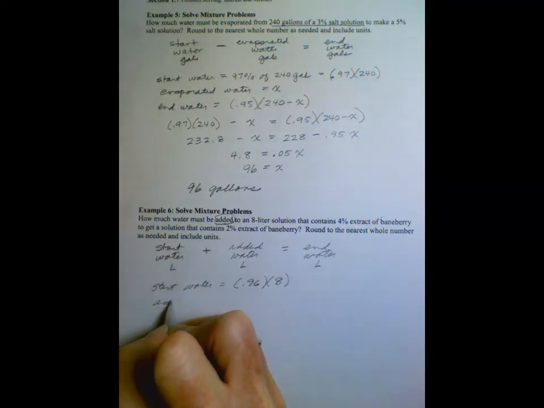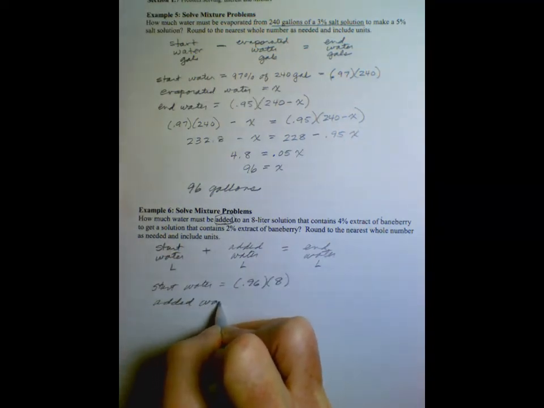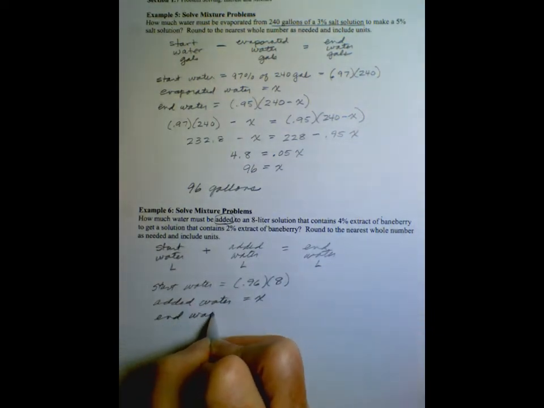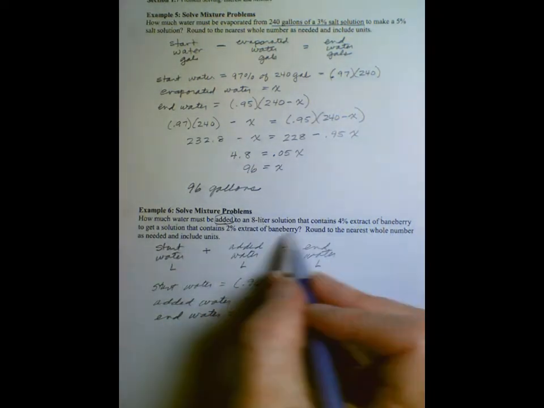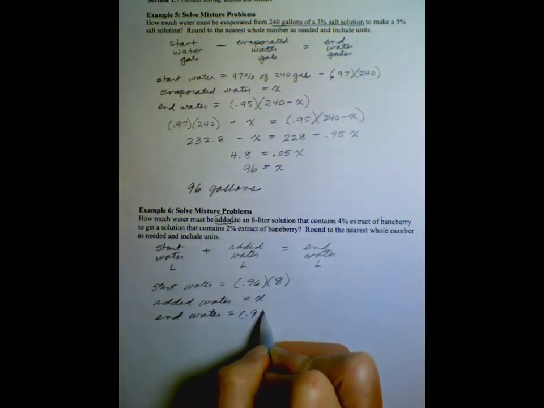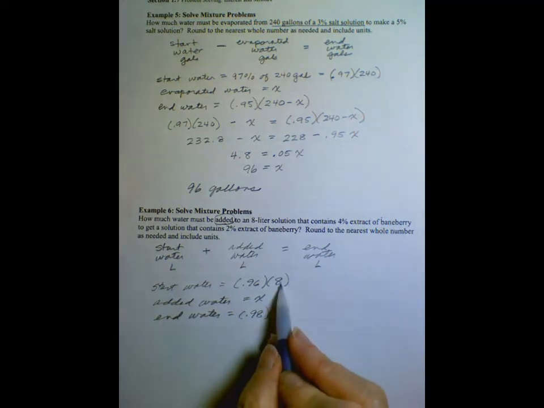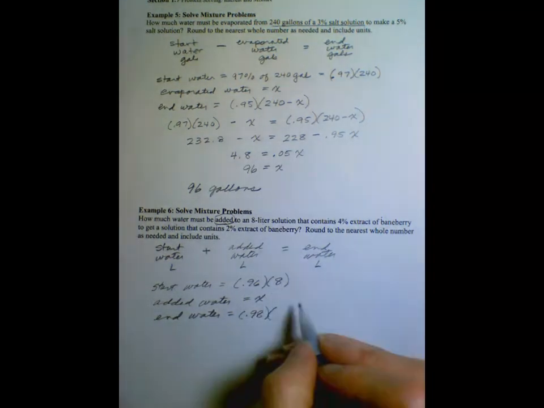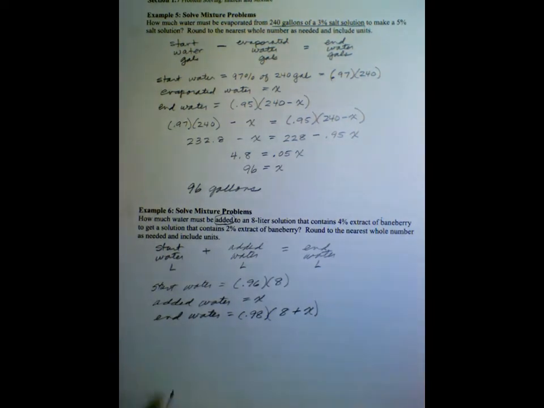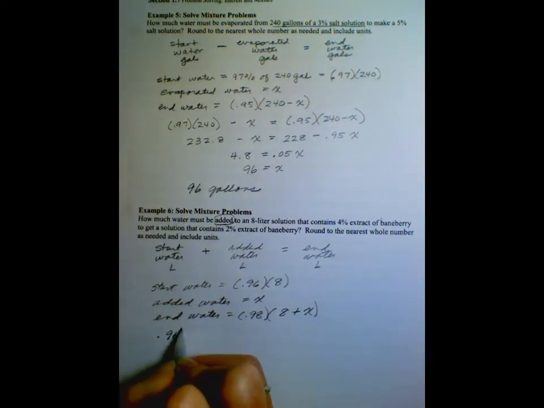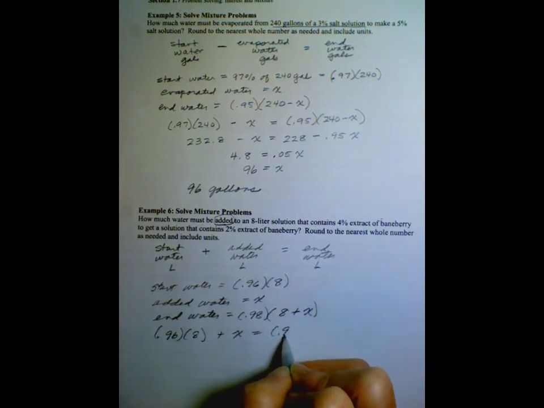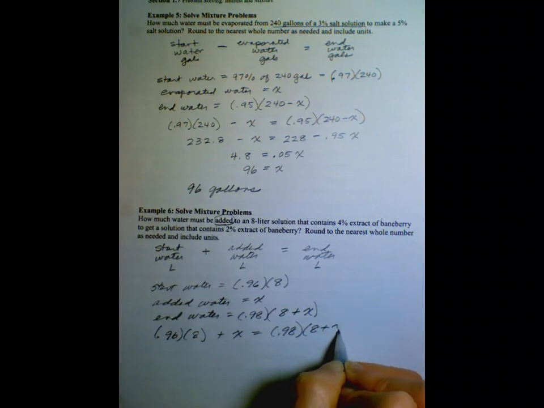Our added water is what we're looking for, so that's X, and our end water would be what? It's going to end up being 2% baneberry, so it'll be 98%, but will we have 8 liters still? No, we'll have 8 liters plus however much we added. Okay, 0.96 times 8 plus X equals 0.98 times (8 plus X).